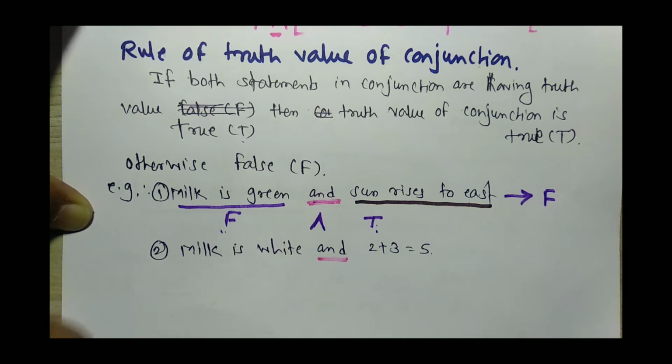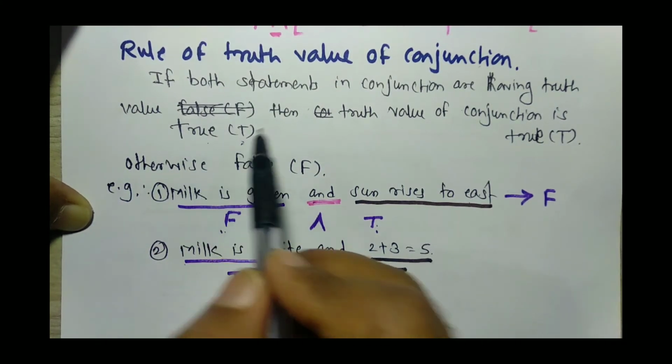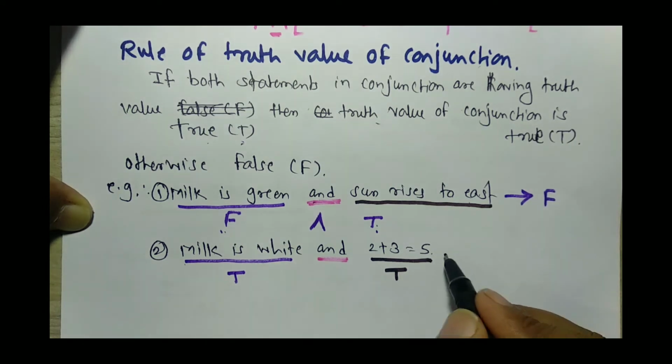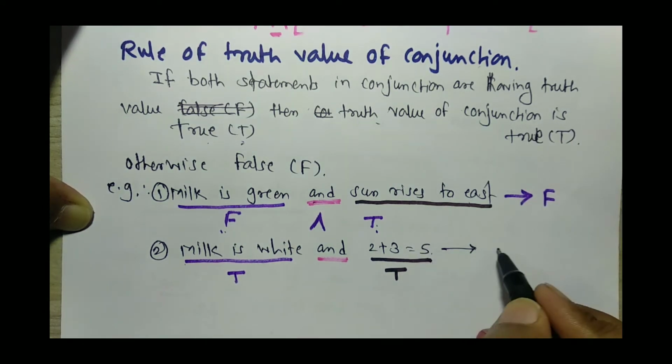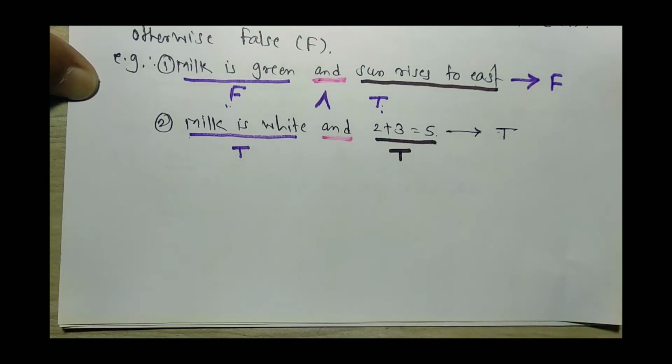Milk is white is a true statement, and 2 plus 3 is equal to 5 is also a true statement. Both statements are true, and our rule says that if both statements in the conjunction have truth value true, then the truth value of conjunction is true. So the truth value of this statement is true, and by using this consideration you will get the truth table for the conjunction.